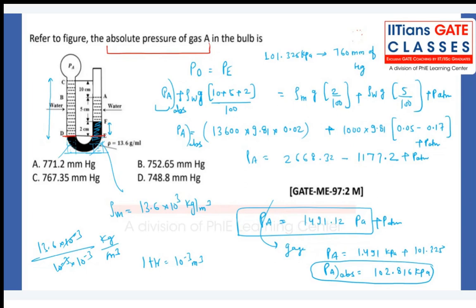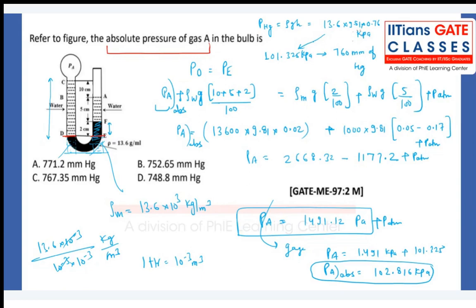You can calculate 0.76 into 9.81 into 13.6. You tell me whether you are getting approximately 101.325 kilopascal or not. For mercury, when you calculate rho gh, that is 13.6 into 9.81 into height 0.76, calculating in kilopascal, approximately you will be getting this.